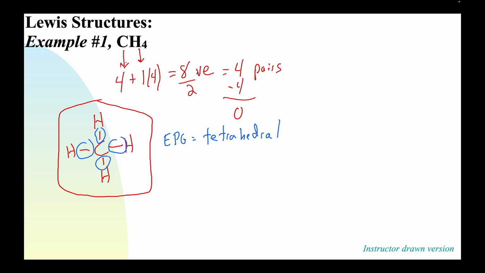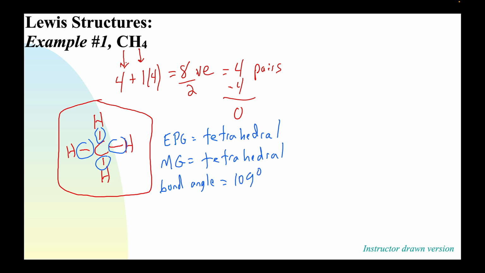Anyway, electron pair geometry officially known as tetrahedral. And if you look on that same row right there, under molecular geometry, it is also tetrahedral. Same EPG and MG name. And then also in that same column, you can see that the bond angle is 109 degrees.